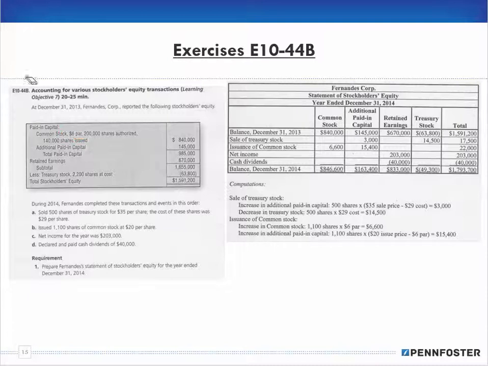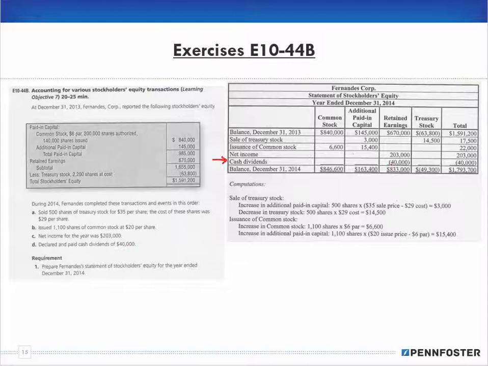Okay, so that's that. And then it says net income of the year was $203,000. So we are putting in the net income, a total of $203,000, and the net income goes to retained earnings. So that's why it showed in the retained earnings column. And then it says declared and paid cash dividends of $40,000.